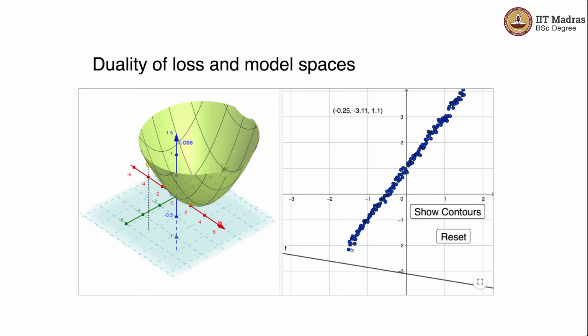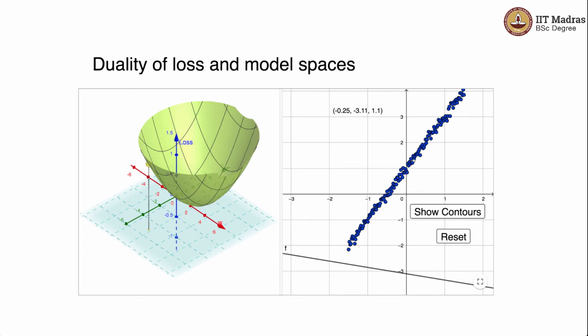A single blue point is an instance of training data, and these are a bunch of blue points. They represent what is called a training set. The training set obviously has a feature and a label, and we are considering a very simple model here, again as usual, a model containing a single feature x1, and we have a linear regression model which calculates the output label y by a linear combination of the features.